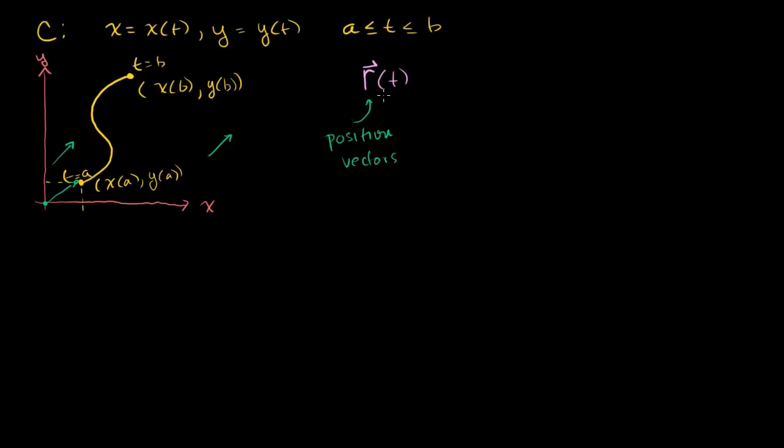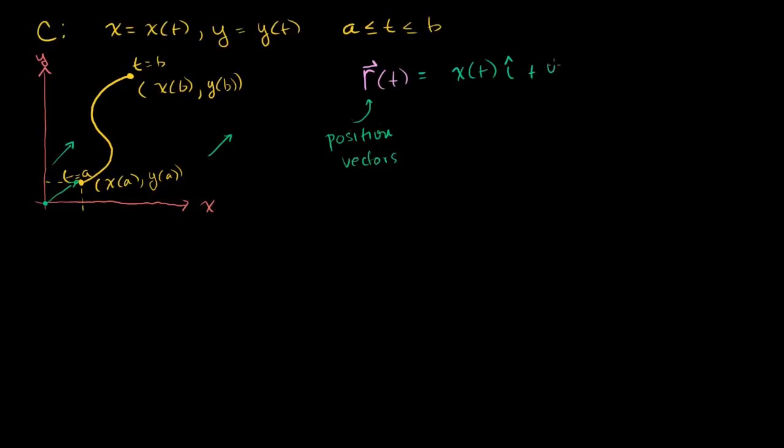So let's see if we can describe this curve as a position vector valued function. So we can say r of t is equal to x of t times the unit vector in the x direction. The unit vector gets a little caret on top, a little hat. That's like the arrow for it. That just says it's a unit vector.